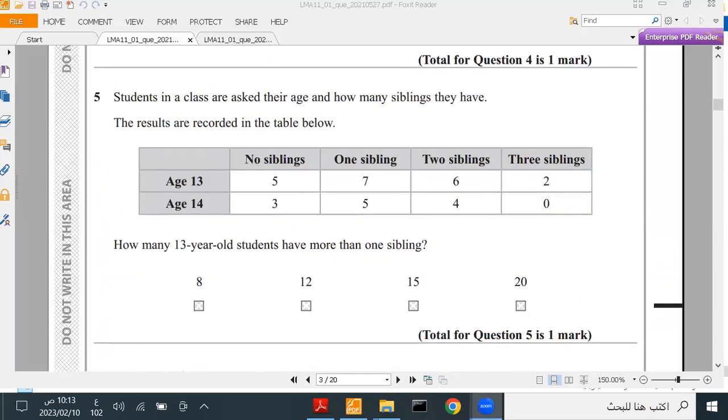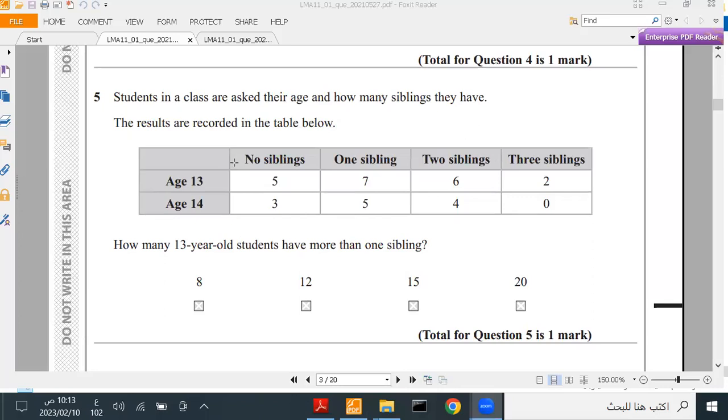Question 5. Students in a class are asked their age and how many siblings they have. The results are recorded in the table below. Here we have age 13, no siblings, age 14, no siblings, 1 sibling, 2 siblings, 3 siblings. So here, how many 13-year-old students have more than 1 sibling?